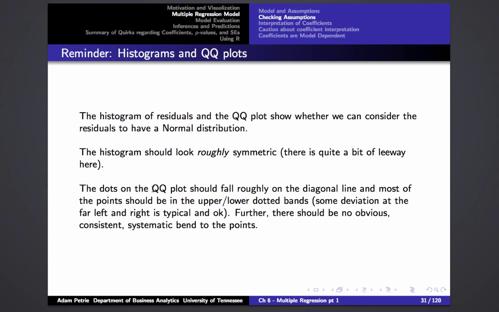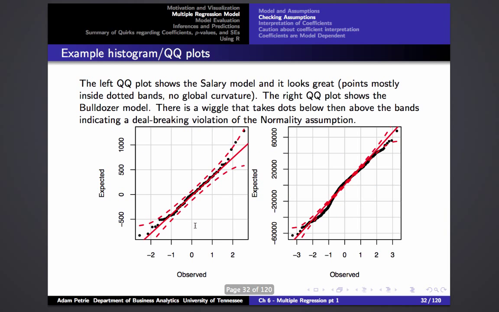And the QQ plot should show a very specific type of pattern. Specifically, the dots should fall roughly on the diagonal line, and most of those points should be in between the upper and lower dotted bands. Typically, there's going to be some deviation at the far left and the far right. That's typical, and that's okay. What we're looking for is any sort of systematic, obvious, consistent curvature or bend to the points.